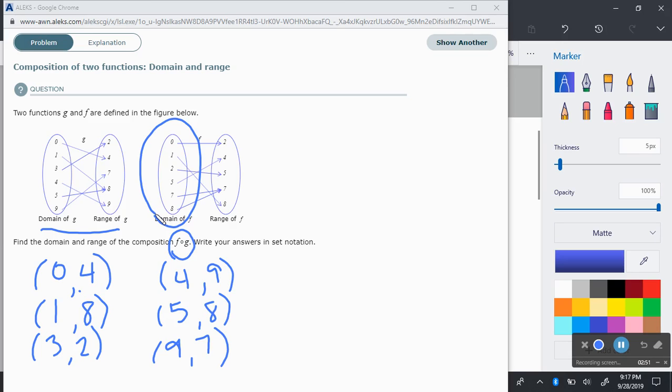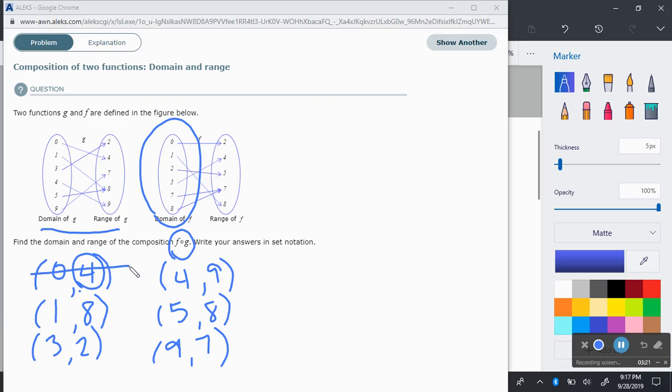Anything that's not in the domain of f can't find a value in the range of f. So I'm looking at the domain of f here, which I've got circled, and if the y value I've got written out in my ordered pairs is not contained in there, I'm not going to include that. So 0 is not one of our values, and for this 4 in the y value, there is no 4 inside the domain of f.